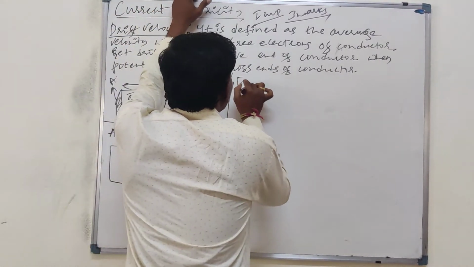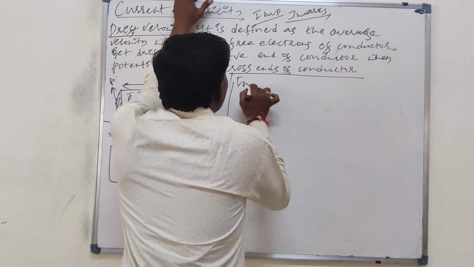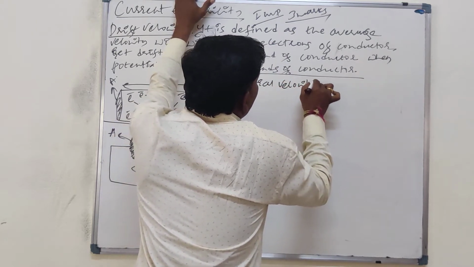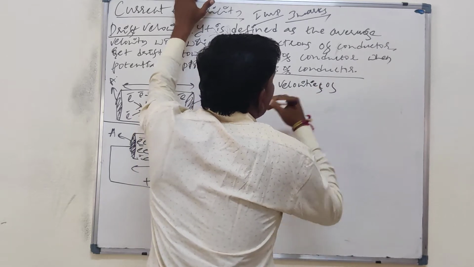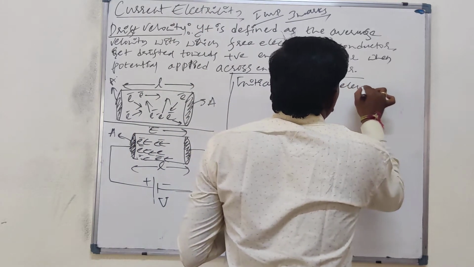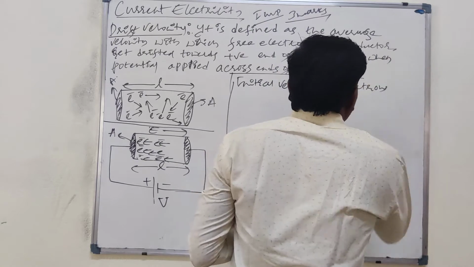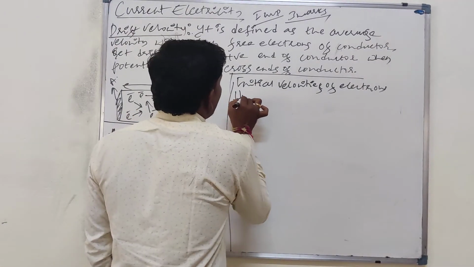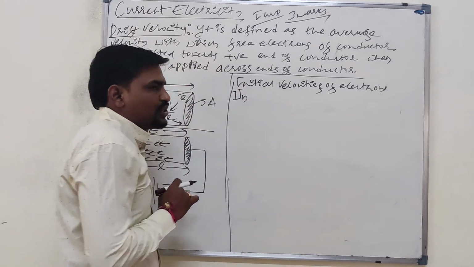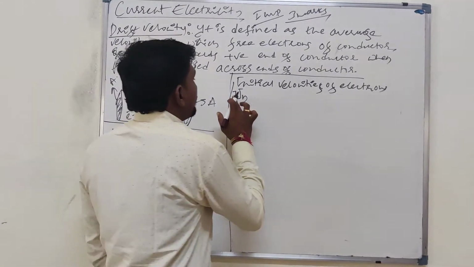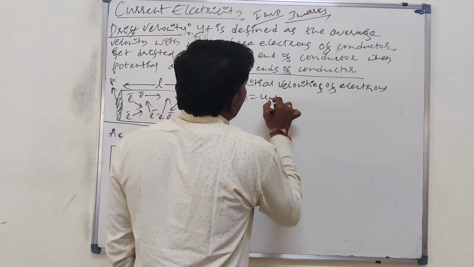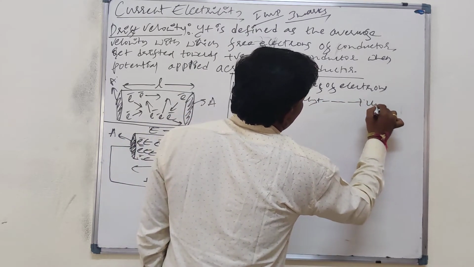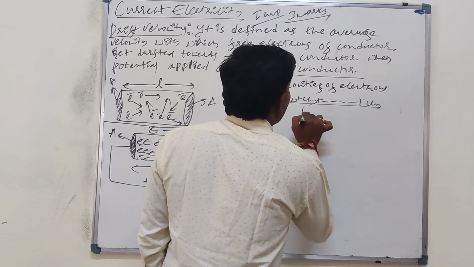The initial velocities of the electrons: u_n is equal to, u means initial velocity, you should study this. u_n is equal to u1 plus u2 plus u3 and so on up to un, then divided by n.